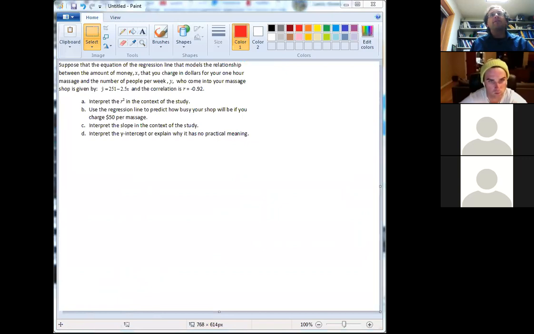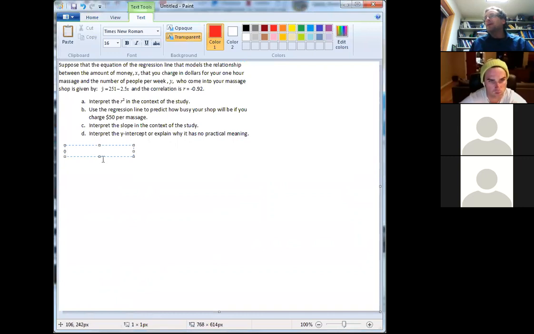R squared is 0.92 squared, and 0.92 squared is about 0.85. You can stick it in a calculator and you can see that. So let's interpret this 0.85.